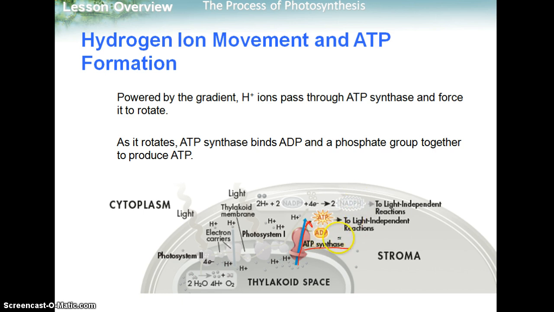This is called photophosphorylation because we're using light, hence the photo, light energy to make this ATP. This all happens within our thylakoid, and remember we have many thylakoids within our chloroplast all doing this.